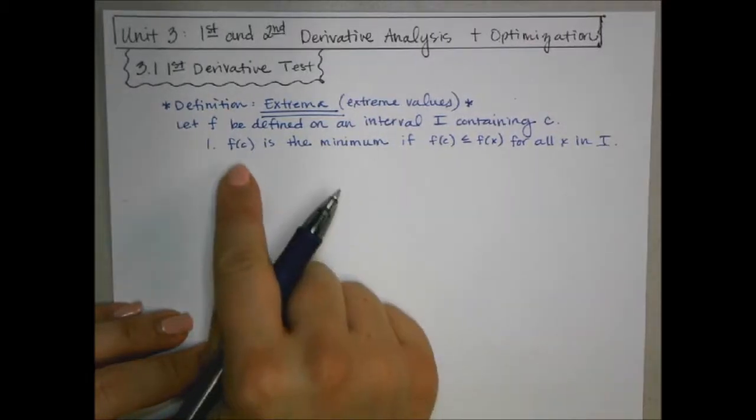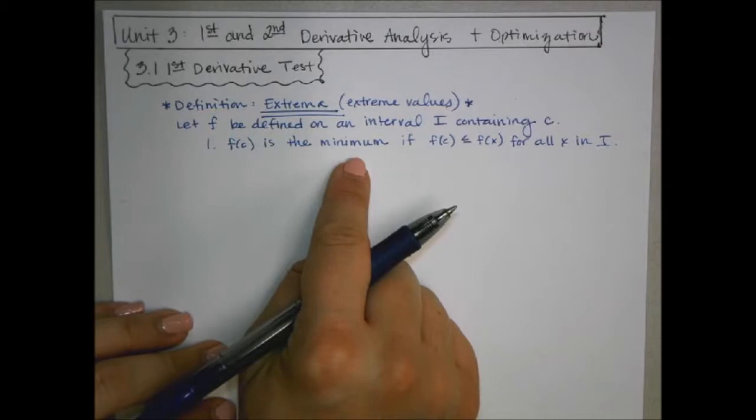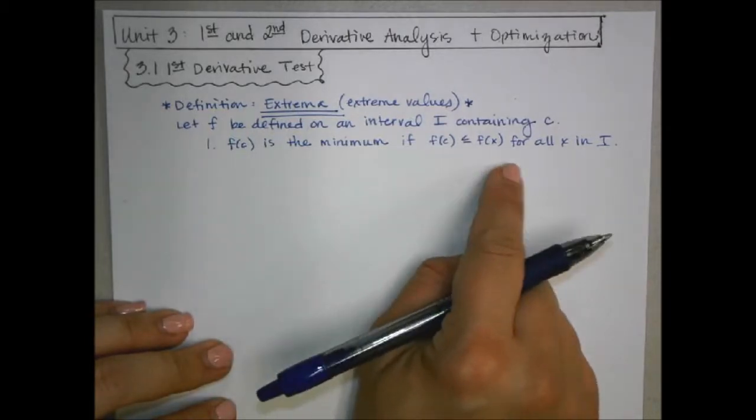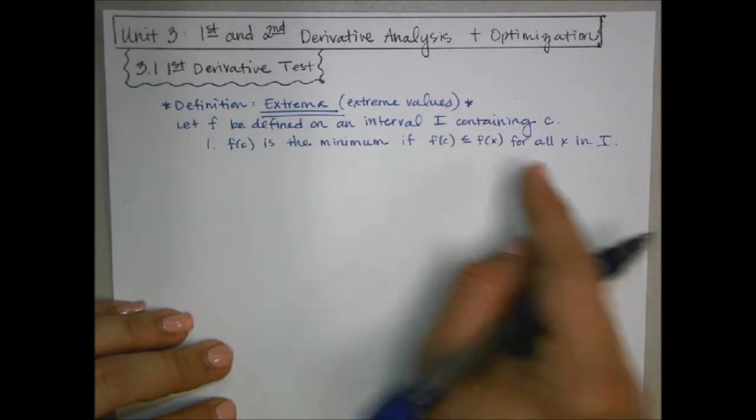So we have our y value f of c is the minimum if that value is less than or equal to all other values within an interval.